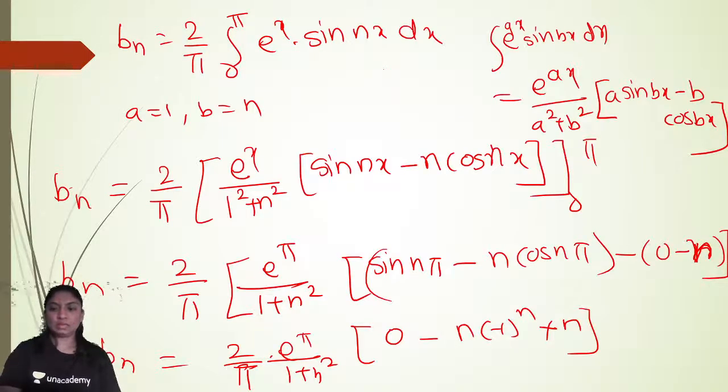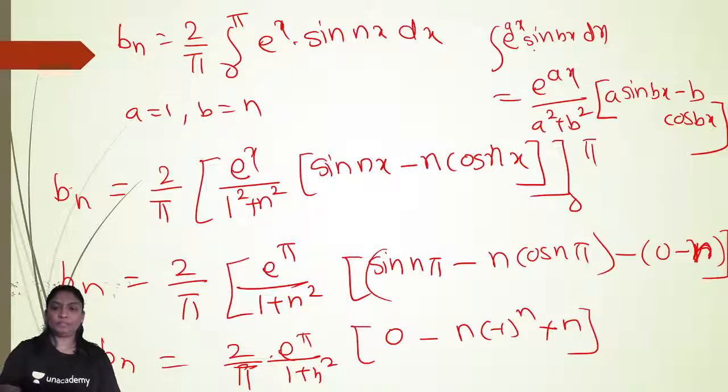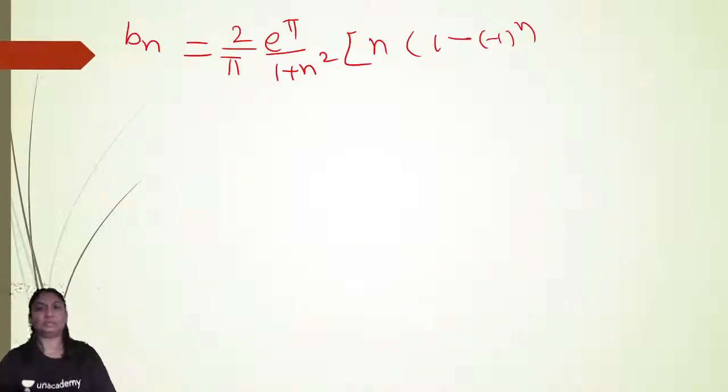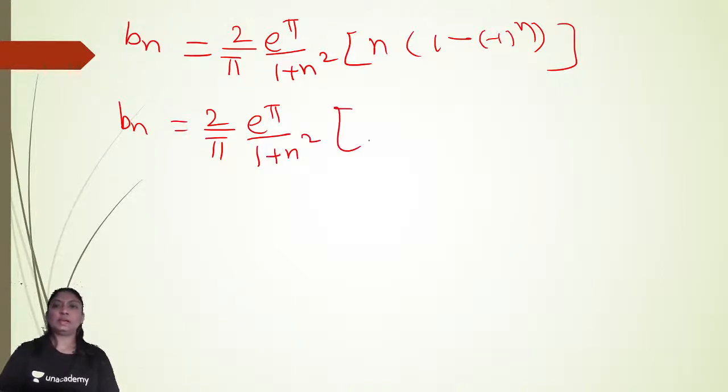Here, if I take n common, n into bracket 1 minus minus 1 raised to n. So Bn is equal to 2 by pi e raised to pi upon 1 plus n square into n into bracket 1 minus minus 1 raised to n.